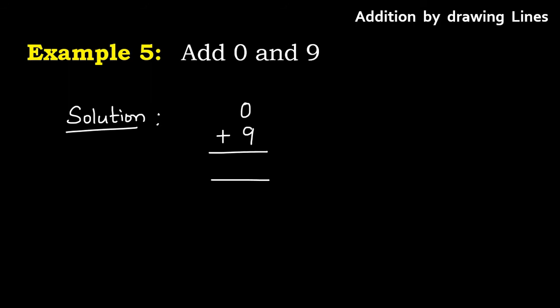The value of the given number will not change when we add 0 to any number. Therefore, in such cases, no need to draw lines and count. Since 0 represents nothing, 0 plus 9 is just equal to 9. You may just write 9 even without drawing any lines.